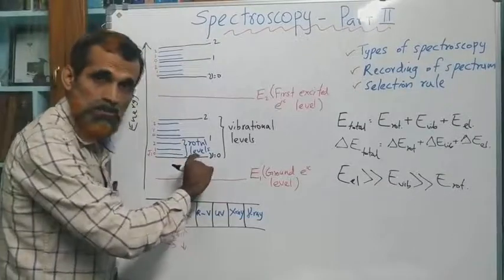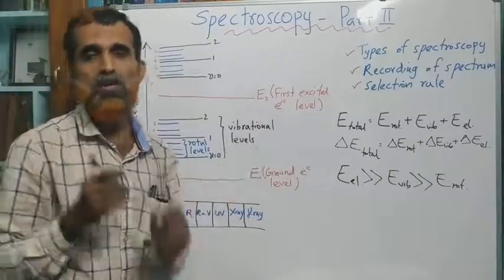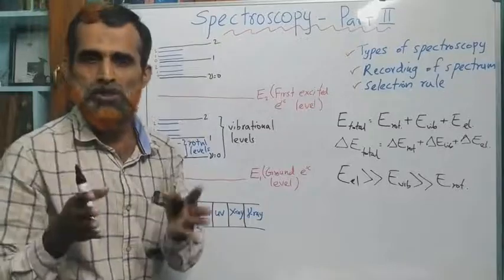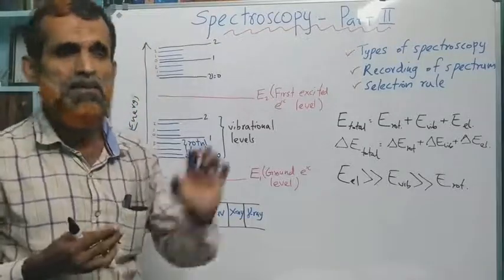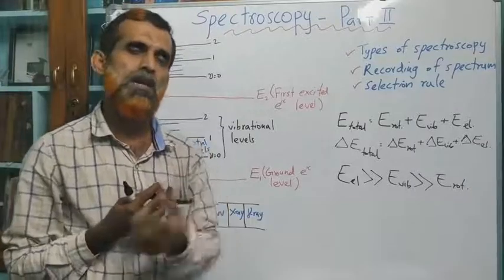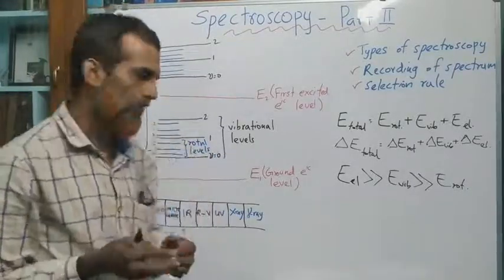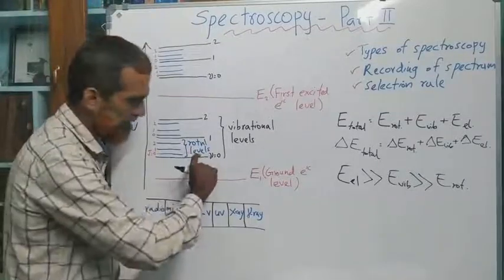This is called zero point energy, minimum energy possessed by all the molecules. Even at 0 Kelvin, you cannot stop the vibrations. That is the point. There will be a minimum inevitable amount of vibration energy associated with every molecule. So this is the ground vibration level. So this much is the energy.